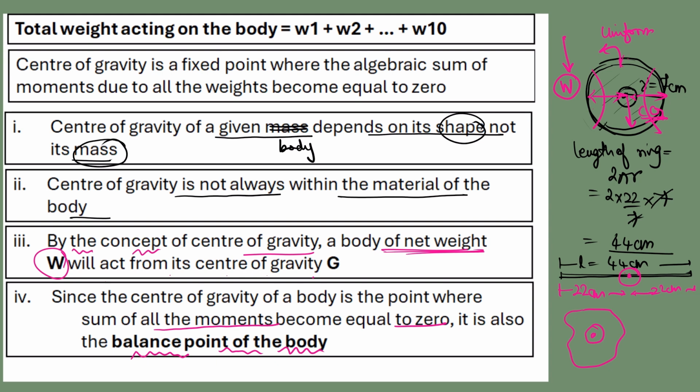Center of gravity is a point we consider for practical purposes, the point object from where the entire weight of the body is acting, and it is a point where all the moments about the point become equal to 0. Therefore, this point is called the balancing point.